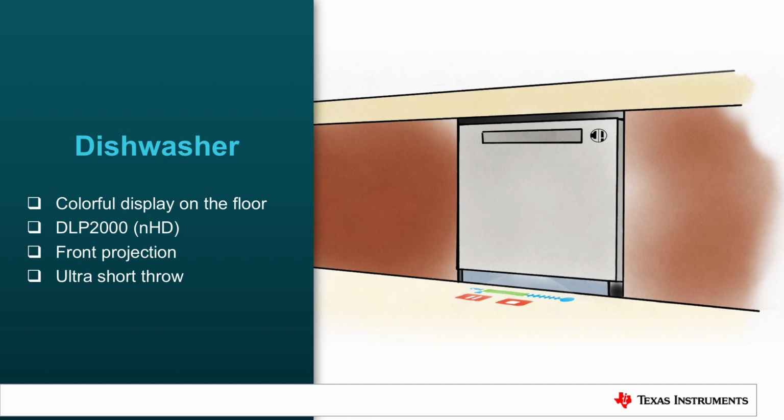We would be using front projection for this case, and the projection unit would come from the bottom of the dishwasher. And finally, in terms of front projection, it would be ultra short throw, given its close relation between the bottom of the dishwasher and the floor.